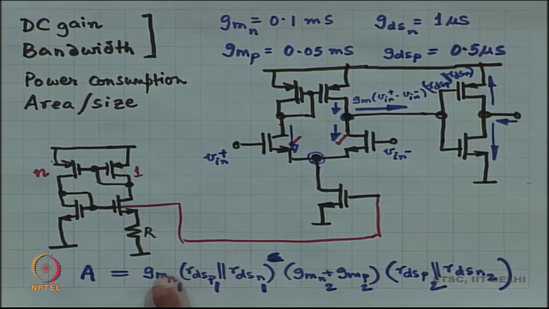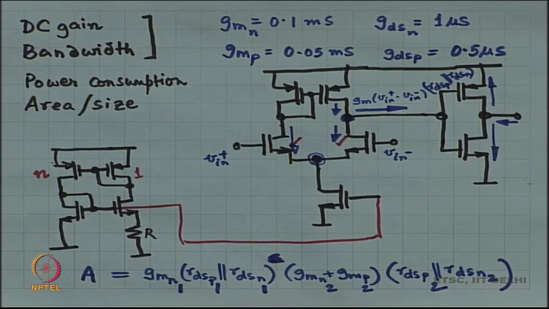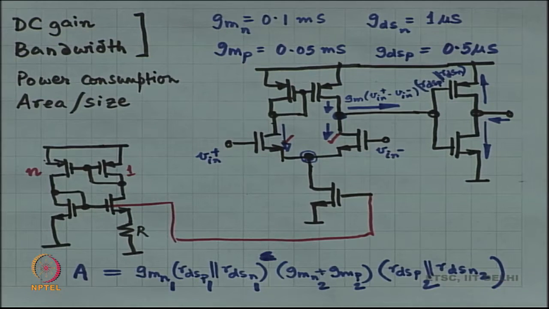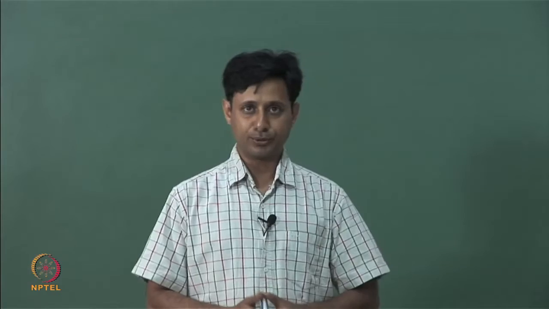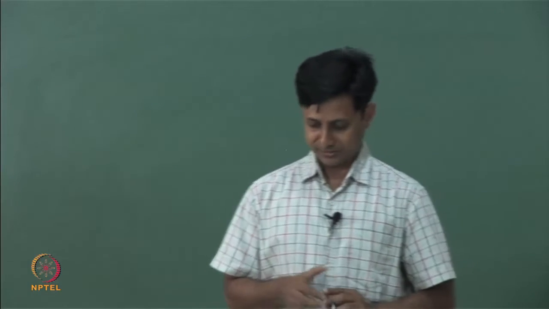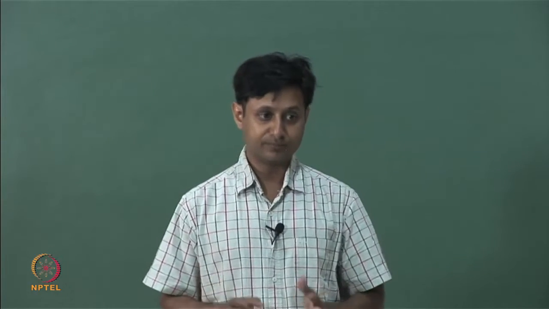So, I have got 0.1 millisiemens times 500 kilo ohm will give me a gain of 50, and then I have got 0.2 and 500 kilo ohms, that will give me a gain of 100. So, 50 times 100 something like 5000 is what you have computed over here, with the numbers that I have given you, assuming they are all equal.